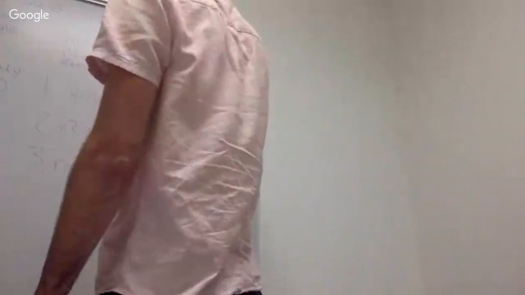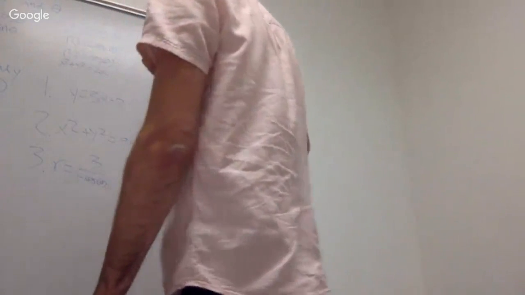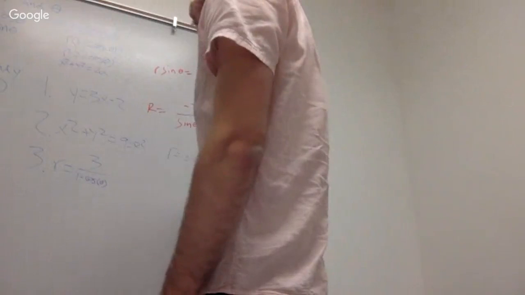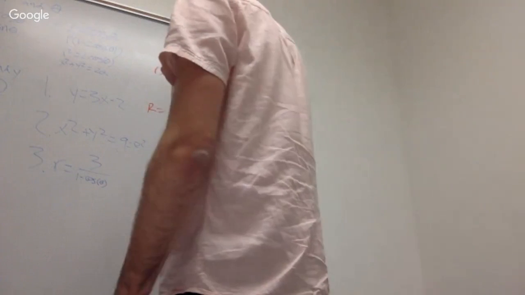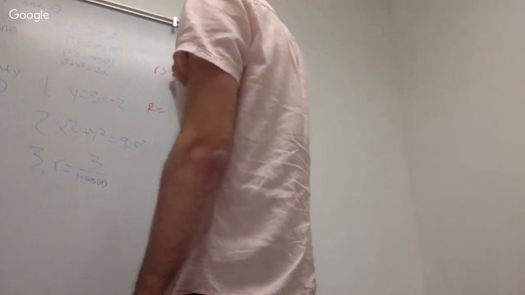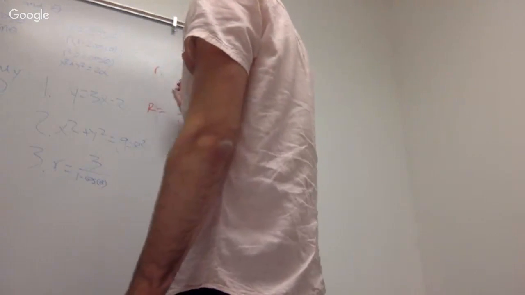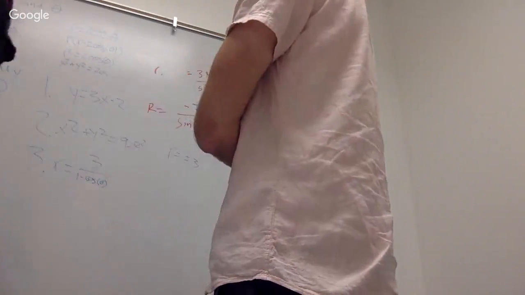We could say r sine theta equals 3x minus 2. Then we could divide both sides by sine theta, so we get sine theta, no, leave r. We leave r. But then how the heck do we get rid of 3x?